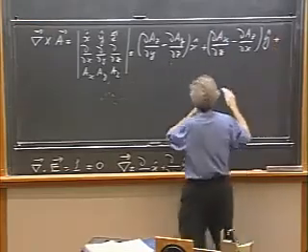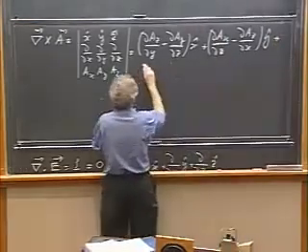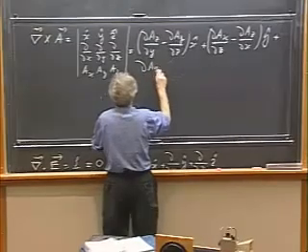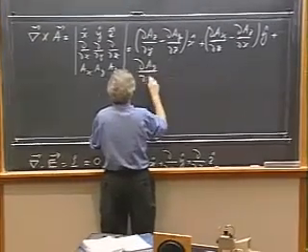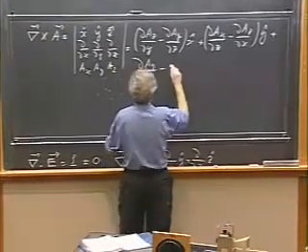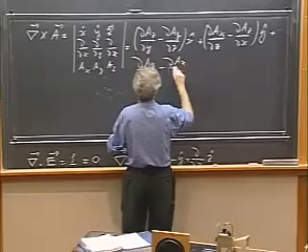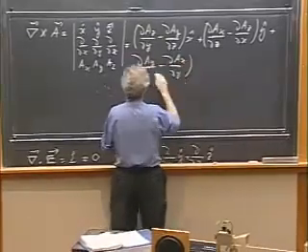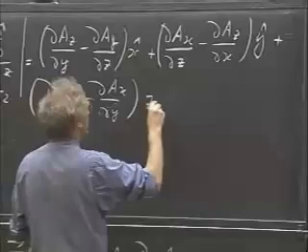That is in the y direction. And then you would get dAy/dx minus dAx/dy, and that is in the z direction.